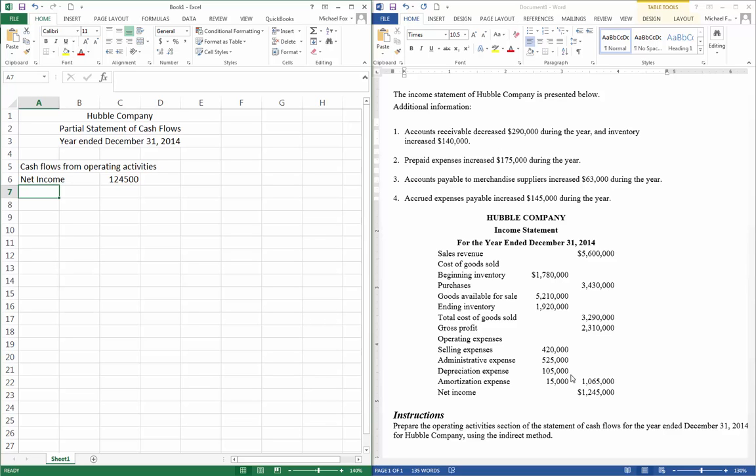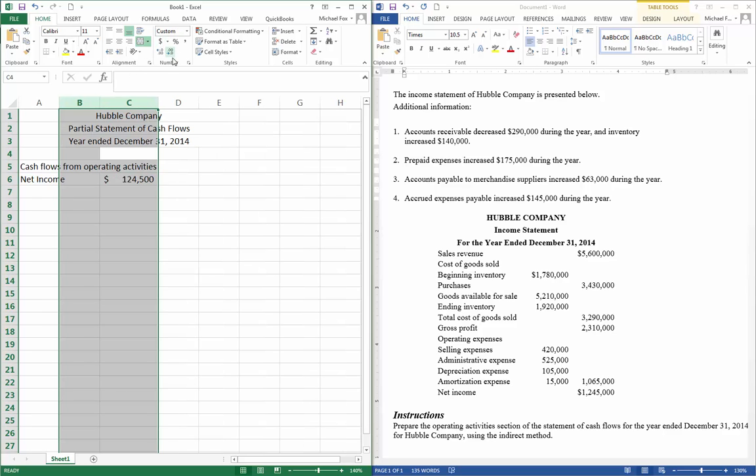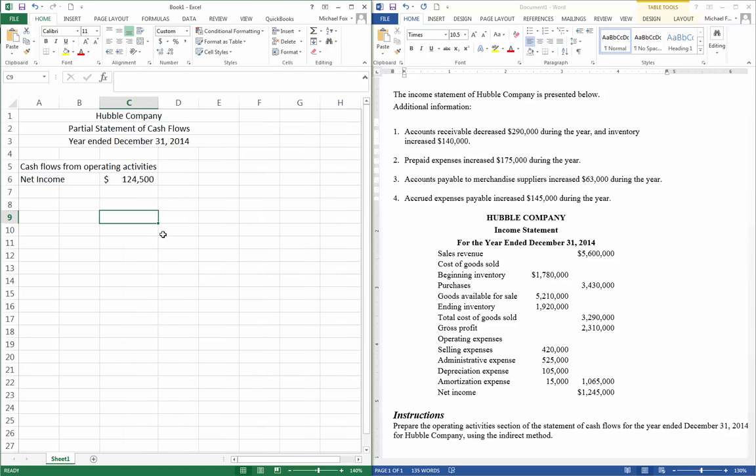And that's given to us right here on the income statement. Tell Excel we're working in dollars here. And then after we get our net income in there, we're going to do adjustments. Sometimes it'll say something like adjustments to reconcile net income to cash provided by operating activities. I'm just going to say adjustments to make our life a little easier.